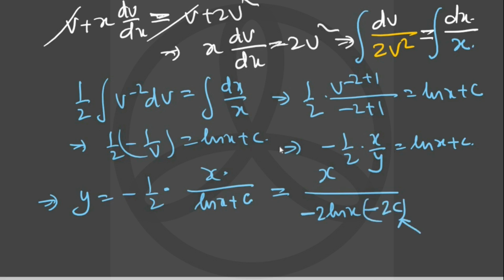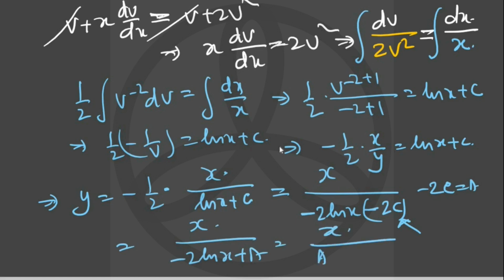Now minus 2c can be replaced with any other constant a, and the moment we write that, we will get x/y = a minus 2 ln x, and this will become nothing but y = x divided by (a − 2 ln|x|), and this is the answer.